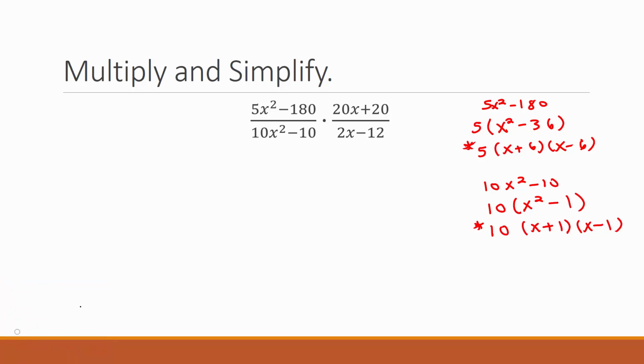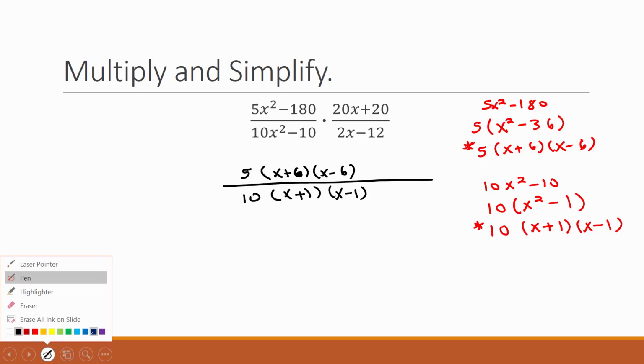All right, so let's see what we have so far. 5x squared minus 180, we have the 5. We have the x plus 6, and we have the x minus 6. In our denominator, we factored that. We had 10, ended up with 10 times x plus 1 times x minus 1.